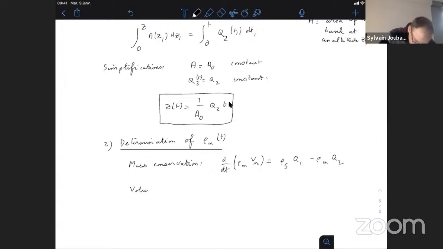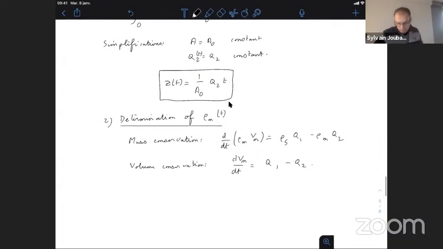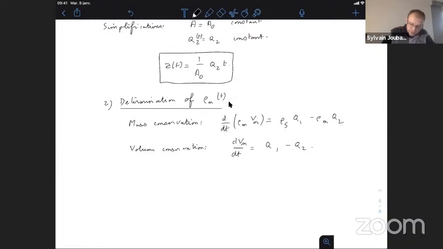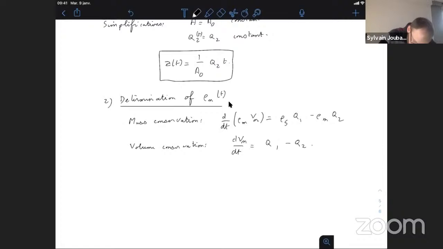And you also have volume conservation in the dV_m/dt, which is the volume arriving minus the volume going to the laboratory tank. I will not go into the detail of this derivation. Using the second one, you can simplify the first one, and you have this.